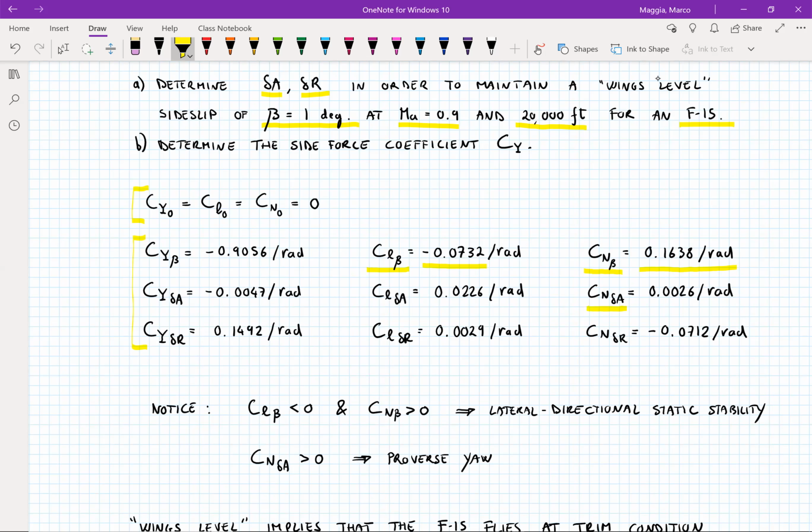In this case, this coefficient is almost equal to 0, but slightly positive. So we have a proverse yaw. That means that when we are rolling to the right, the nose of the aircraft also tends to yaw towards the right.